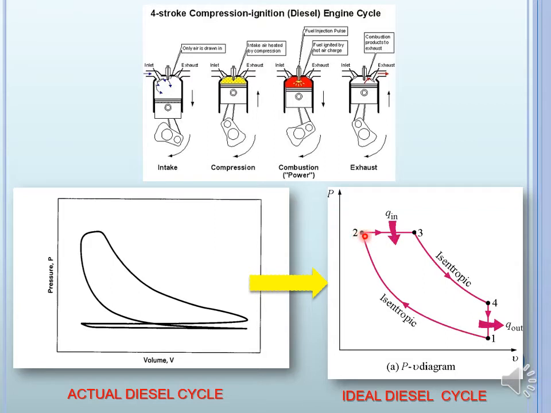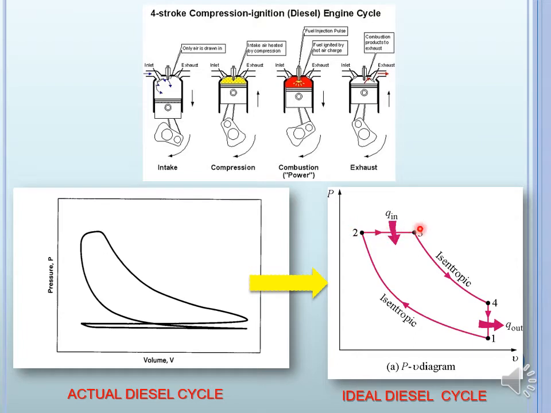In the Otto cycle, this process is at constant volume, but for the diesel cycle the pressure is constant.